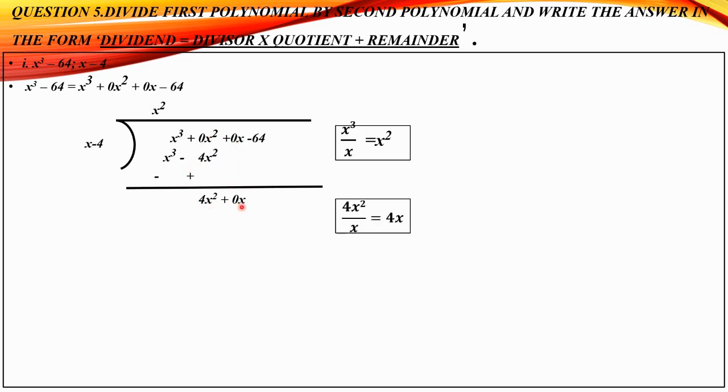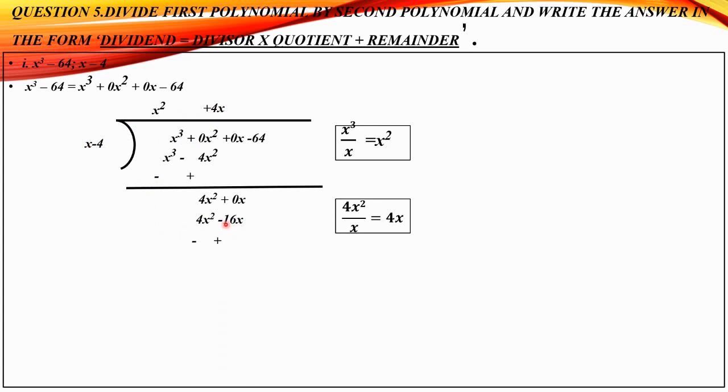Now we will divide this 4x square by the first term of the divisor. So we get 4x square upon x is equal to 4x. This 4x will be written as the quotient outside. So now multiply the quotient with the divisor. 4x into x we get 4x square and 4x into minus 4 we get minus 16x.